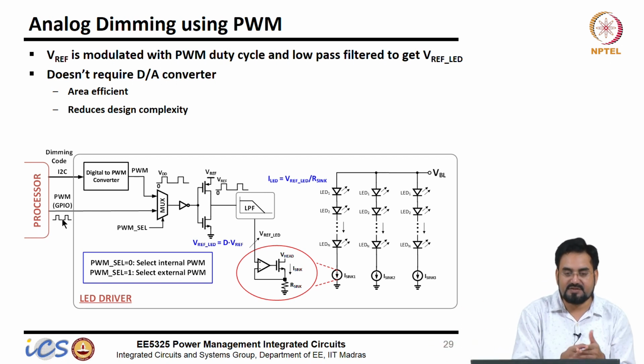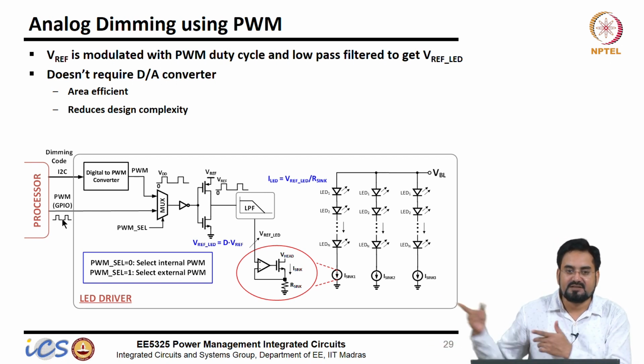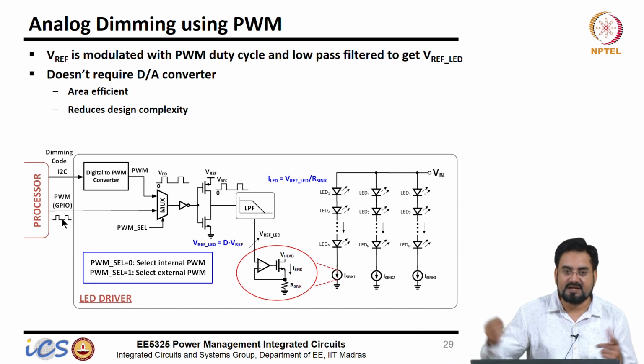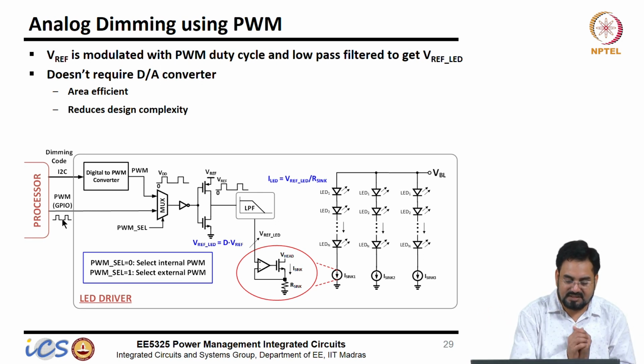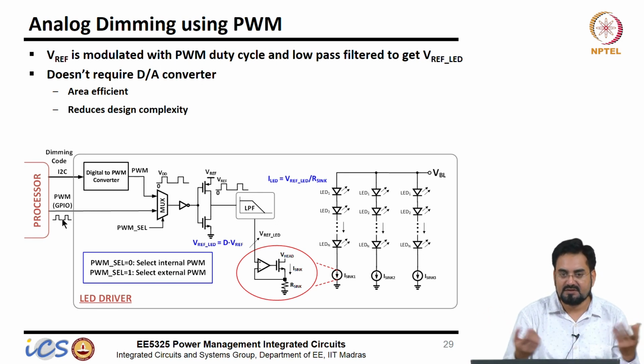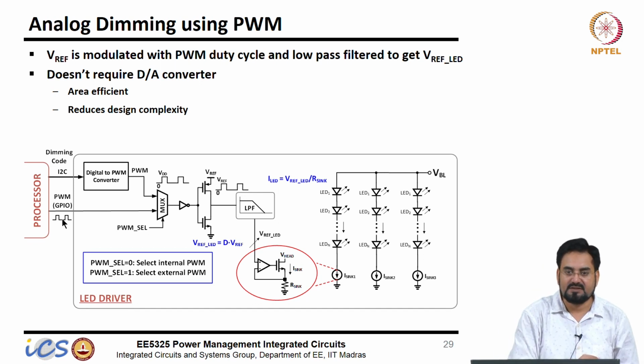Zero duty cycle means 0 brightness, and 100% duty cycle is full brightness. Any duty cycle in between will give you that level of brightness. So 50% duty cycle will give you 50% brightness. It is just proportional to your duty cycle.